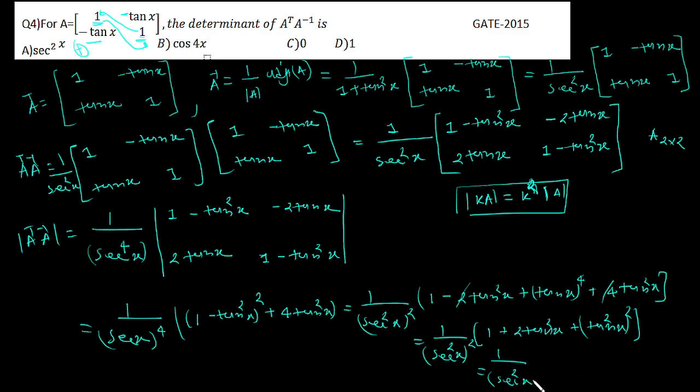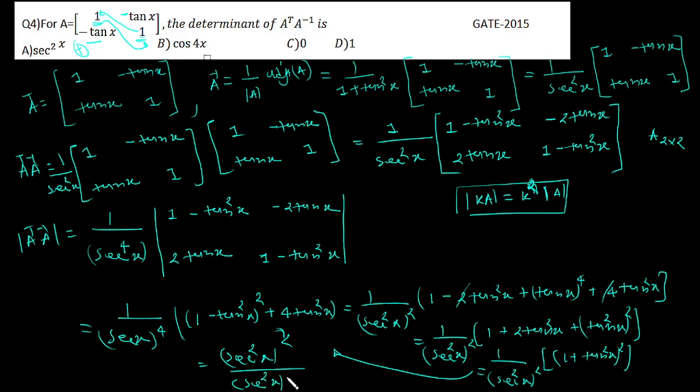So sec square of x whole square divided by sec square of x. Okay, so we simply cancel it out and we get 1 as our answer. So we can say option D is the correct one for this question.